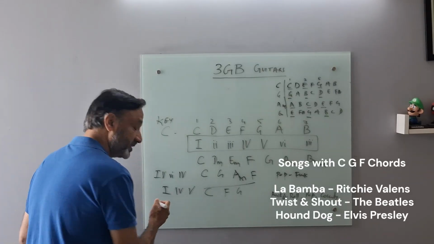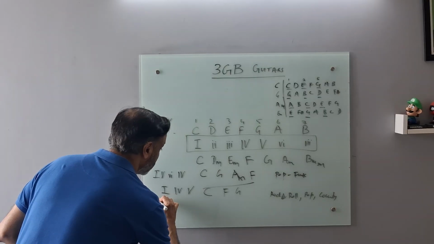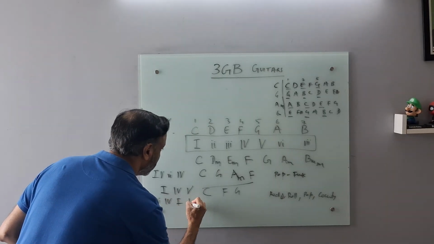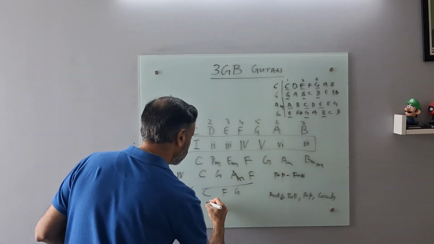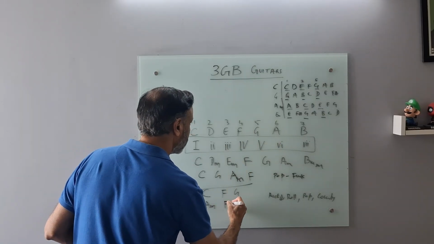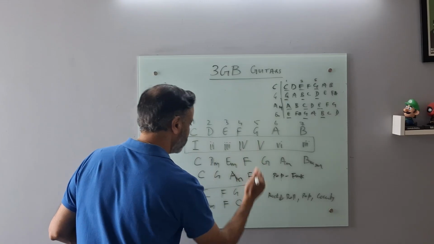The last one is 6, 4, 1, 5. That's A minor, F, C, G.